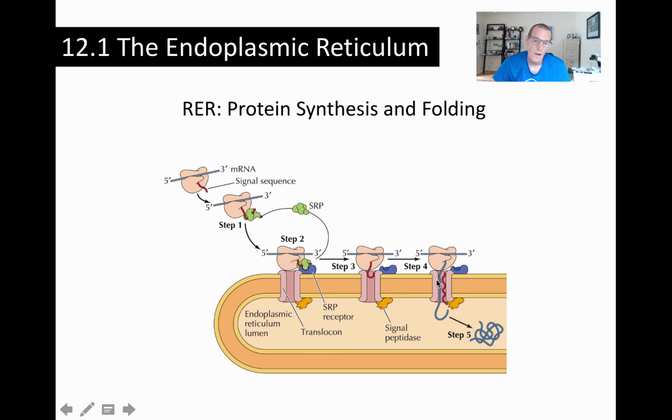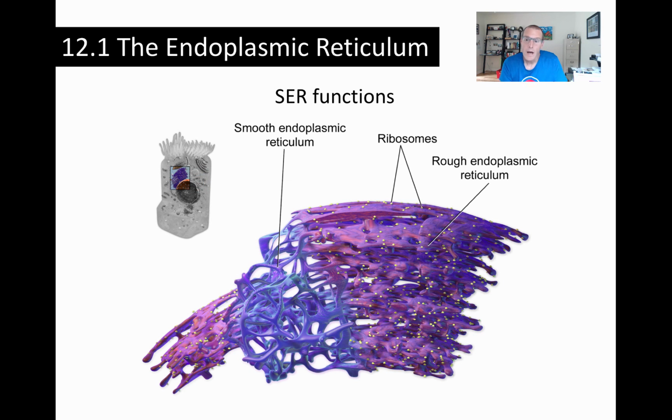So once the rest of the polypeptide is threaded through and into the lumen of the ER, the signal peptide's cut off, and then there's folding and assembly of the protein into multimeric complexes, and then at that point, that's when we see the quality control of proteins that are found in the ER. If they're not folded and they can't be refolded correctly, then they tend to be translocated into the cytosol and degraded there, and we'll come back to that later.